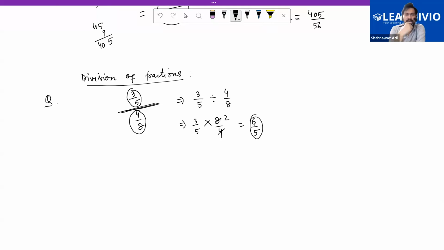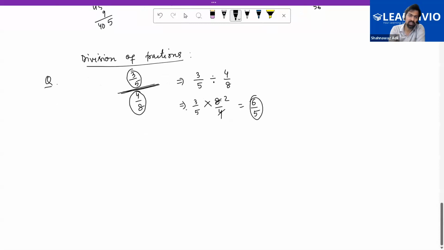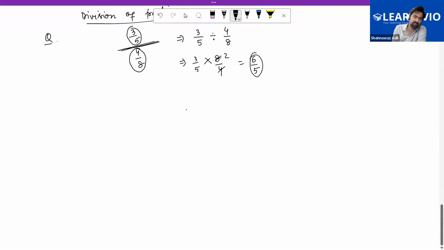Is it clear? Yes. Okay, so I will do the simple one and then I will give you a complicated one. Let's say, what would be the answer of this question: 6 divided by 2 by 3 by 8?